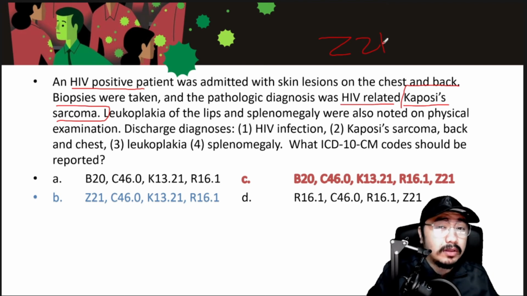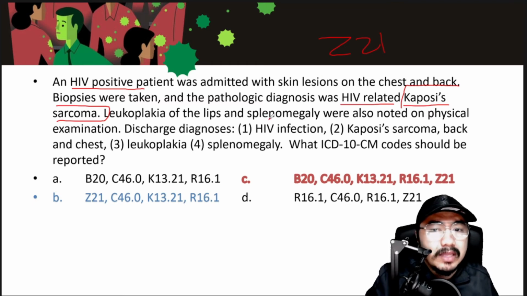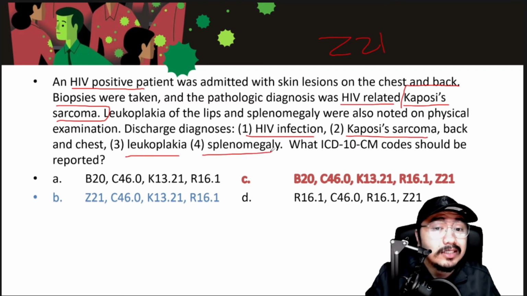Again, it's up to you whether you want to go straight to your choices or read the whole statement. Leukoplakia, splenomegaly were also noted. So there are some signs and symptoms, manifestations given in the scenario. Final diagnoses were HIV infection, Kaposi sarcoma, leukoplakia, and splenomegaly.